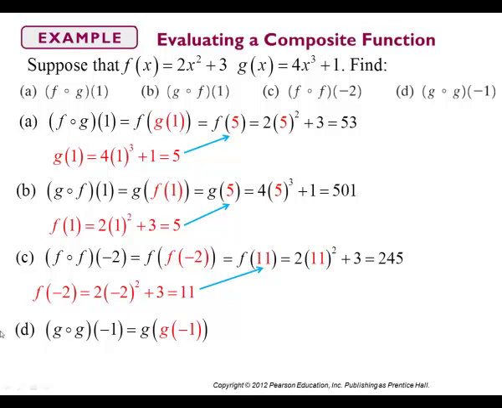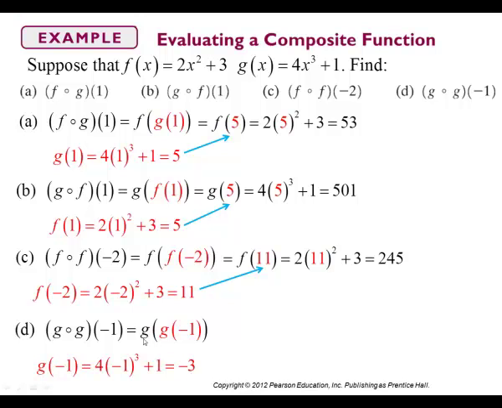Alright, and then part D, this is g of g of negative 1. So what do you think we do first? You should have said we take negative 1 and put it into g of x. Okay, and so we do that and we get negative 3. Now what are we going to do?